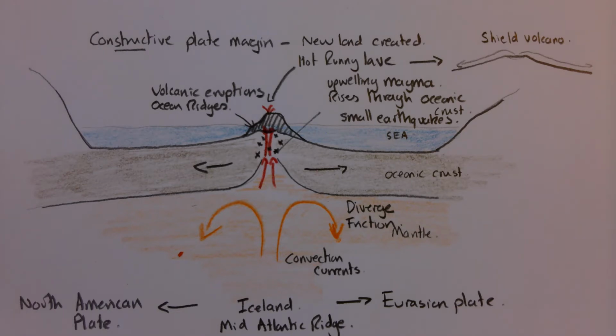But why do the convection currents in the mantle pull the ocean crust apart? Good, because there is a lot of friction between the convection current and the oceanic crust, therefore pulling it apart. As the oceanic crust pulls apart, what is able to rise up through the crust?